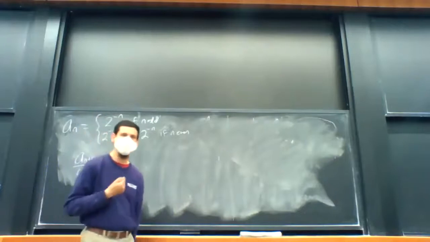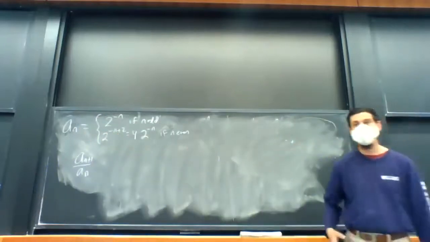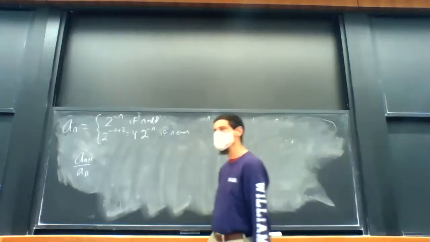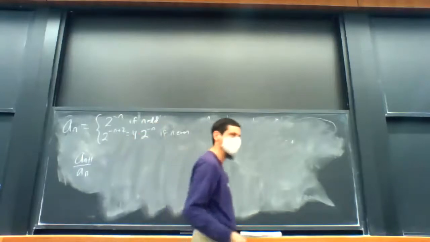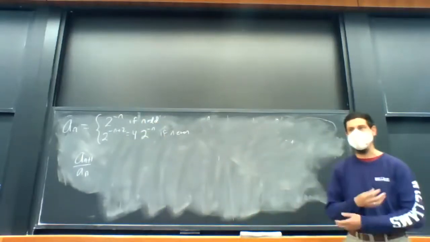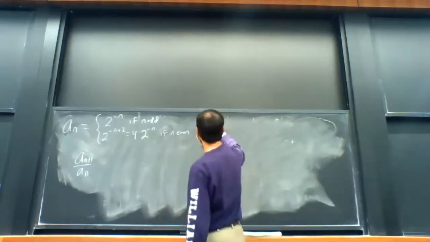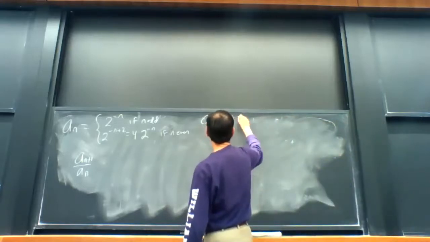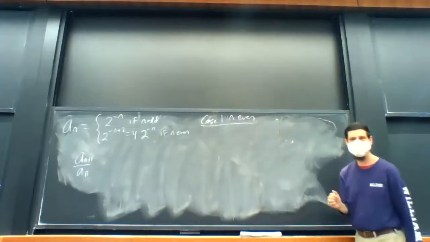When we tried to solve problems with Lagrange multipliers, we often found that the best thing to do was to split it into several cases and do each case separately. So here's the case when lambda equals 0. Here's the case when x equals 0. And then you make sure that your cases are exhaustive, that you cover all possibilities. So case 1, n is even. I think it should be clear what case 2 will be.